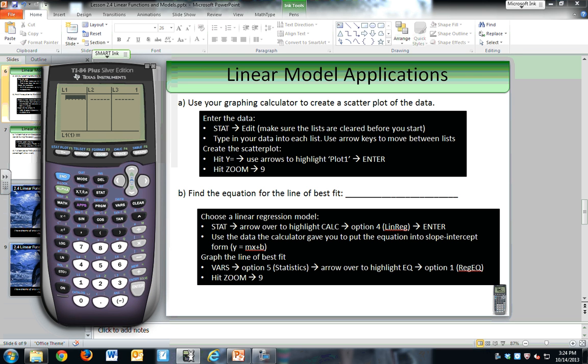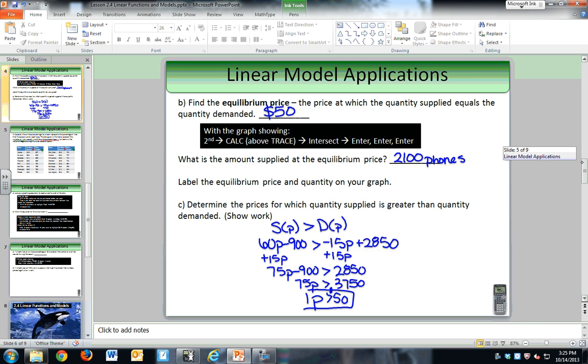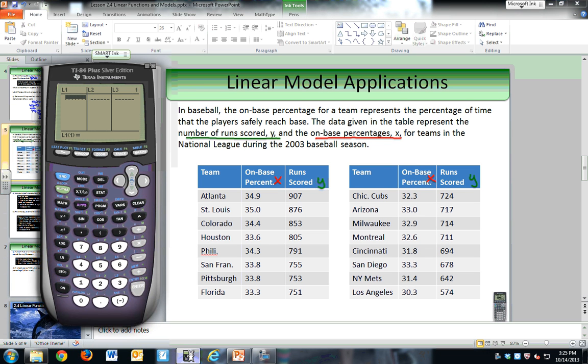So looking at your data, let's go back to our data on there, or if you have your handout and you're looking at it, that's fine. Okay, so put our data. For X, we have 34.9. Enter. 35.